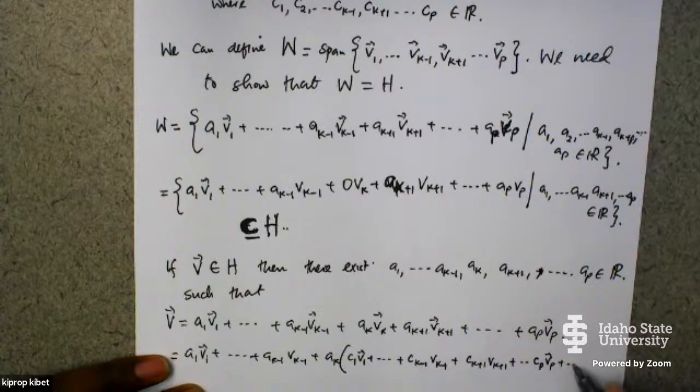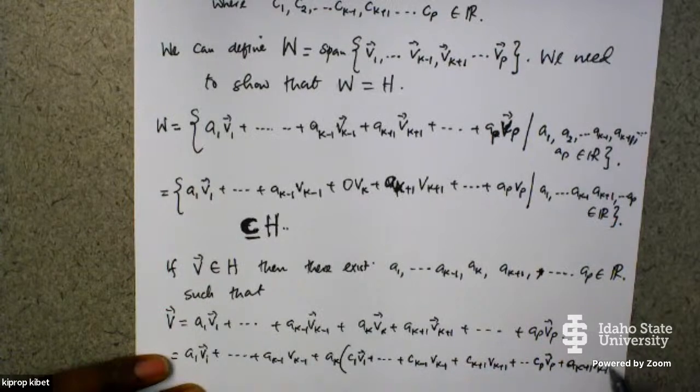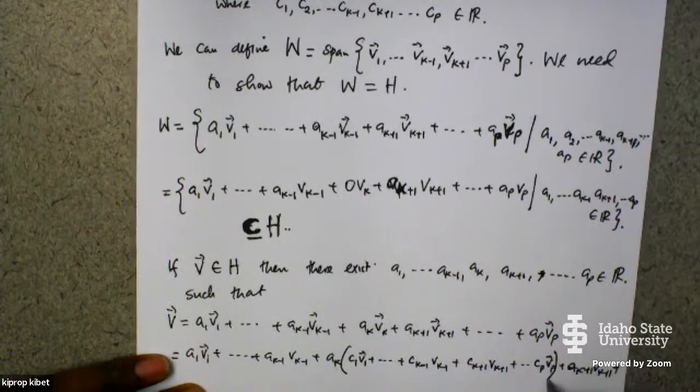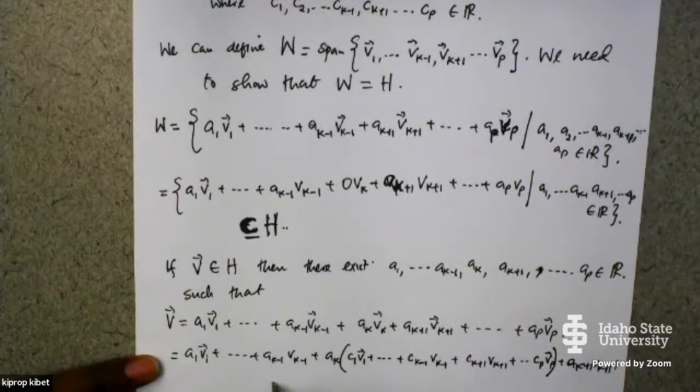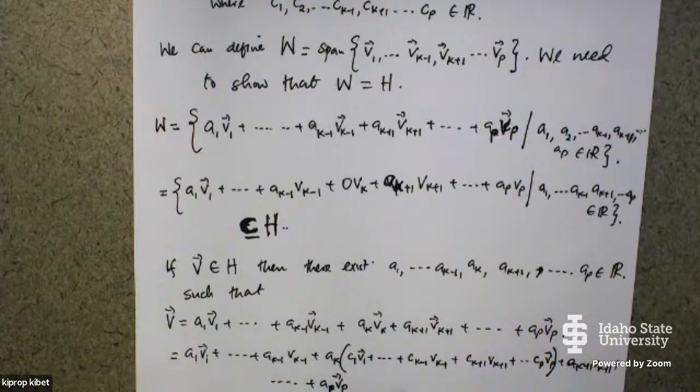Then V equals A1 V1 plus AK minus 1 VK minus 1 plus AK times that, plus AK plus 1 VK plus 1, and so on, up to the last one, AP VP.